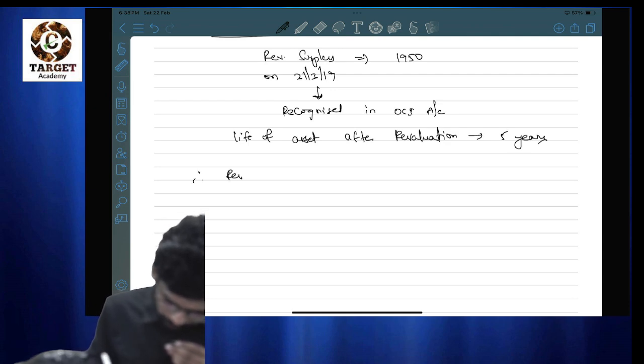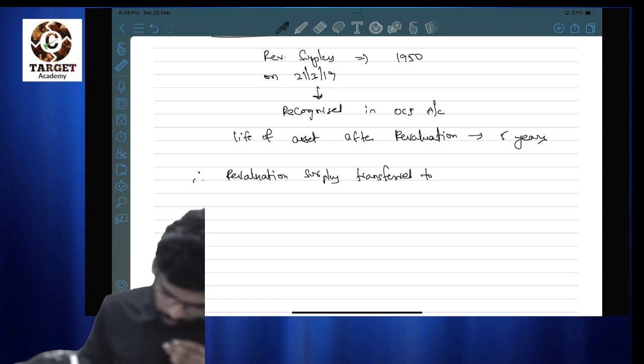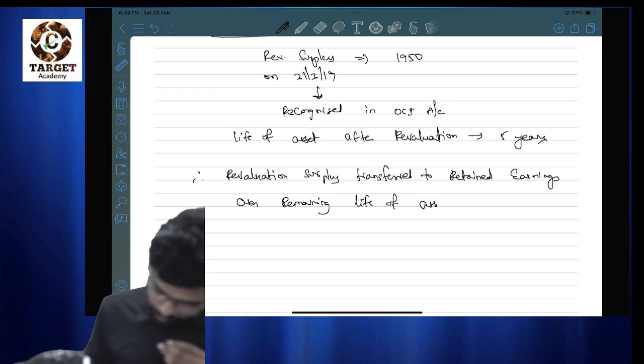Therefore, revaluation surplus is transferred to retained earnings over the remaining life of the asset, that is 5 years.